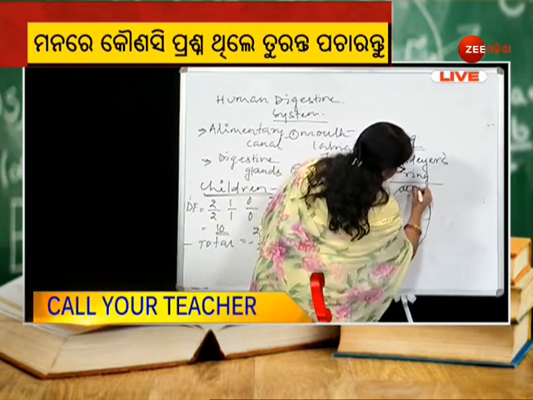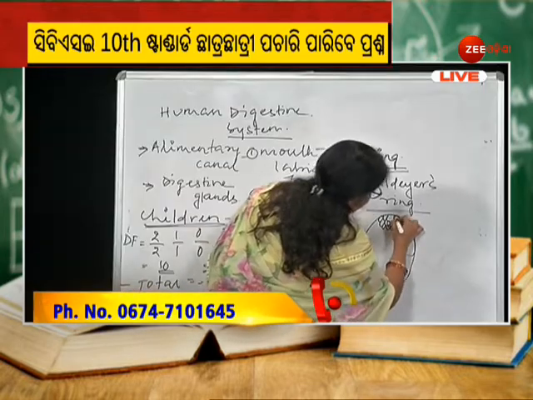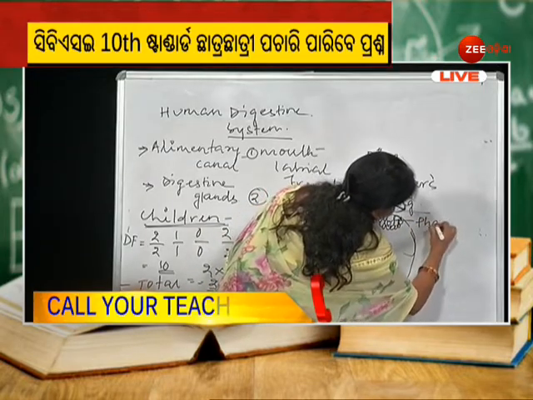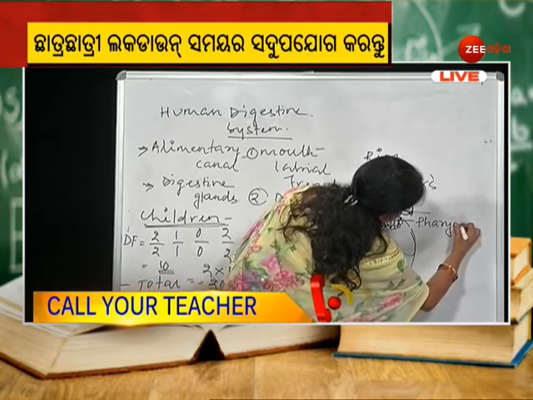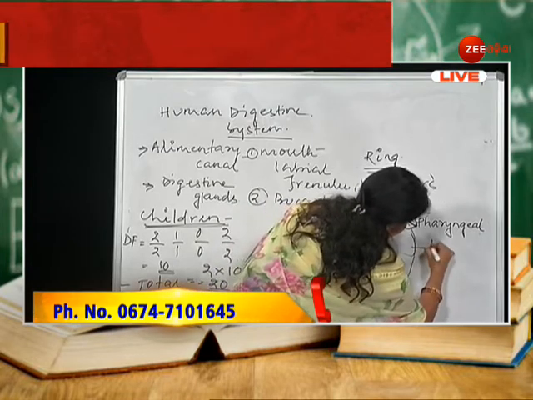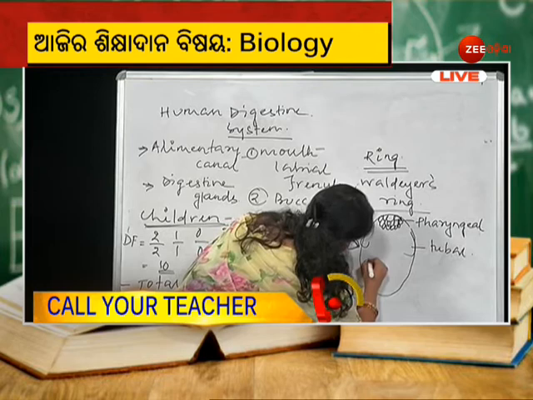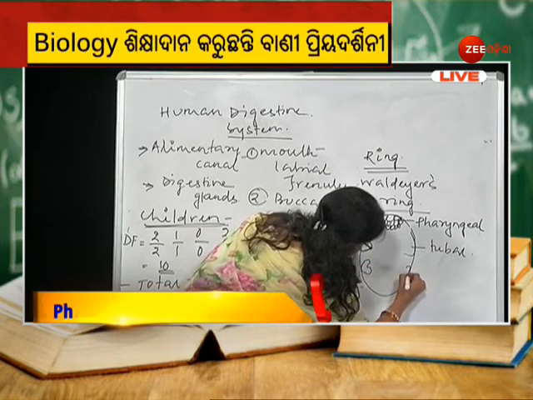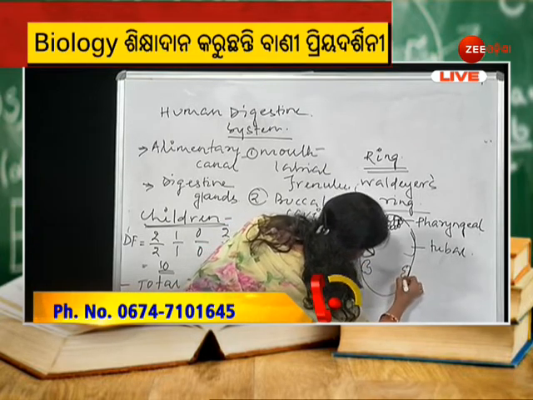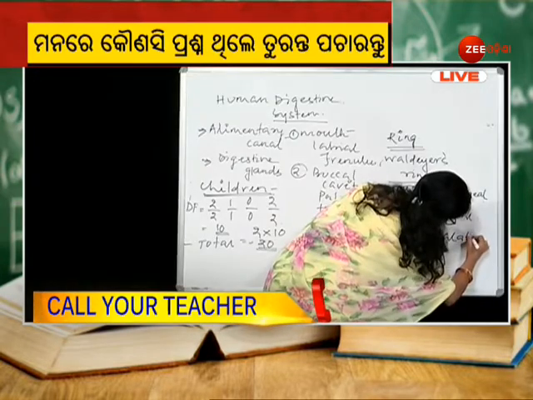Near the pharynx, this is the tonsil that is arranged and that is known as pharyngeal. This is tubal. This is palatine.